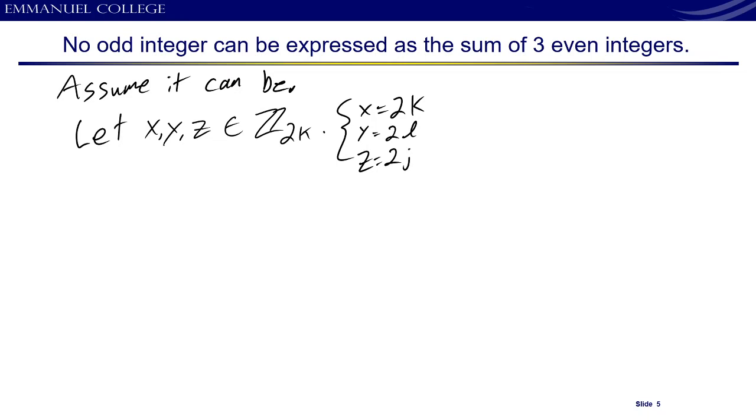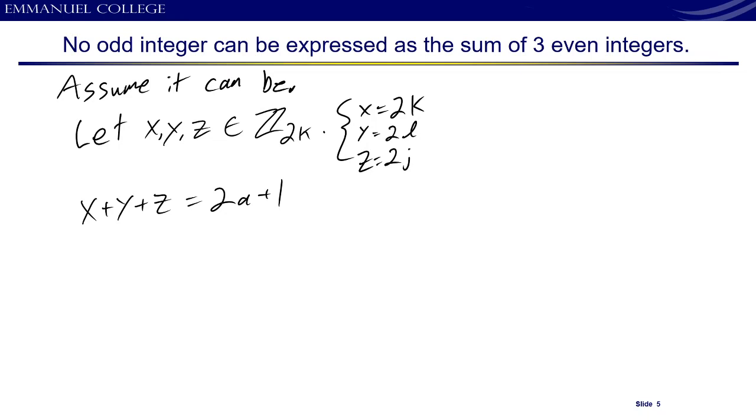So what I should be able to have is that there are three integers that are even, such that when I add them together, x plus y plus z equals, let's say, 2a plus 1. Right? That's what it's saying. Or that's what we're trying to show cannot happen.